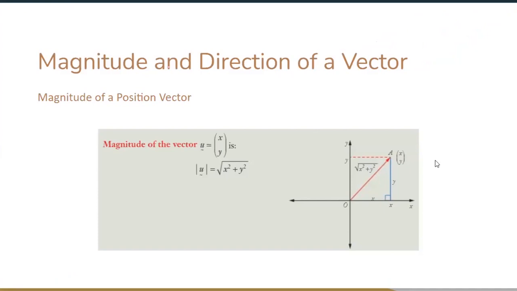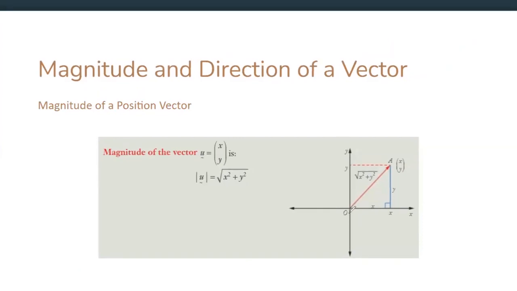So we can just use Pythagoras' theorem when working with these sorts of position vectors to get an idea of their length. Because they start at the origin, we can separate them into an x component and a y component, and that's given by our x and y points.